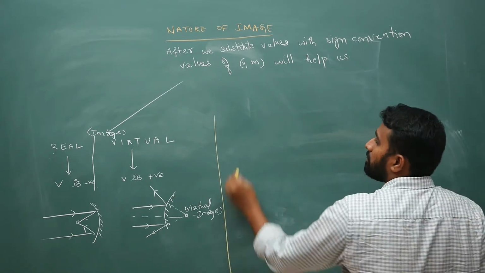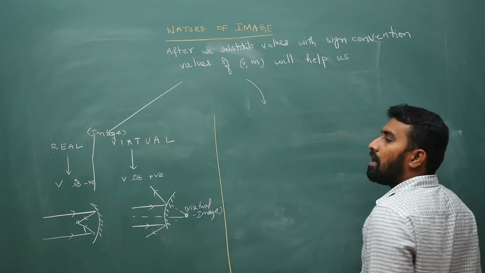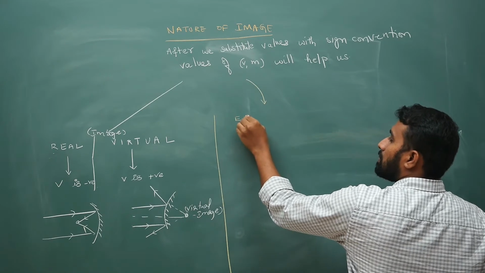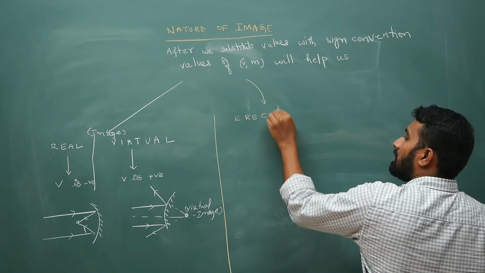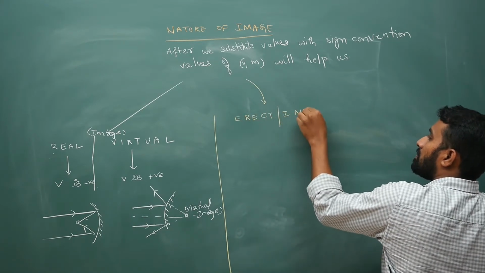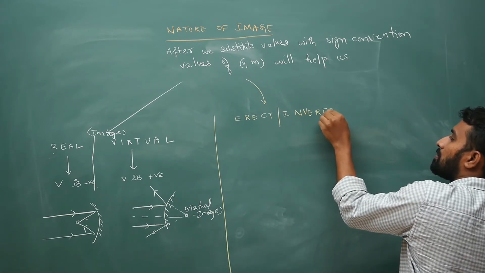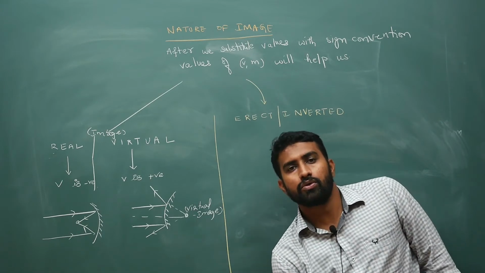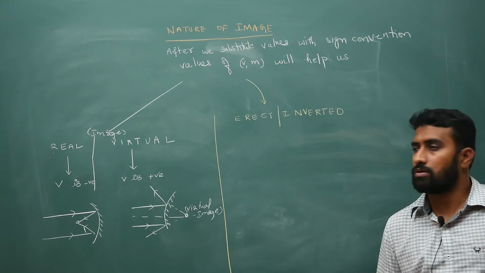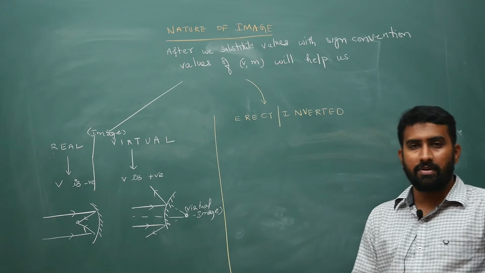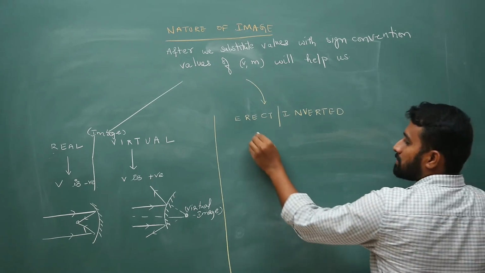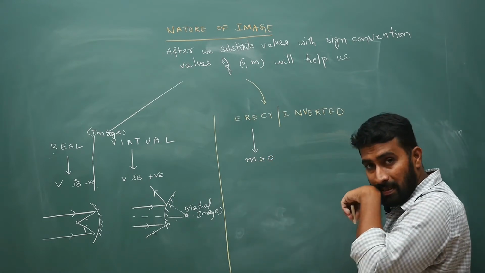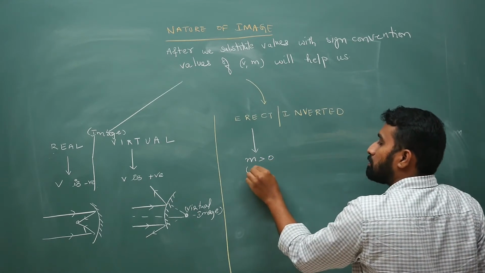Next part is, you should also tell whether the image is erect or inverted. For the erect image, magnification M is greater than 0, that means it is positive.